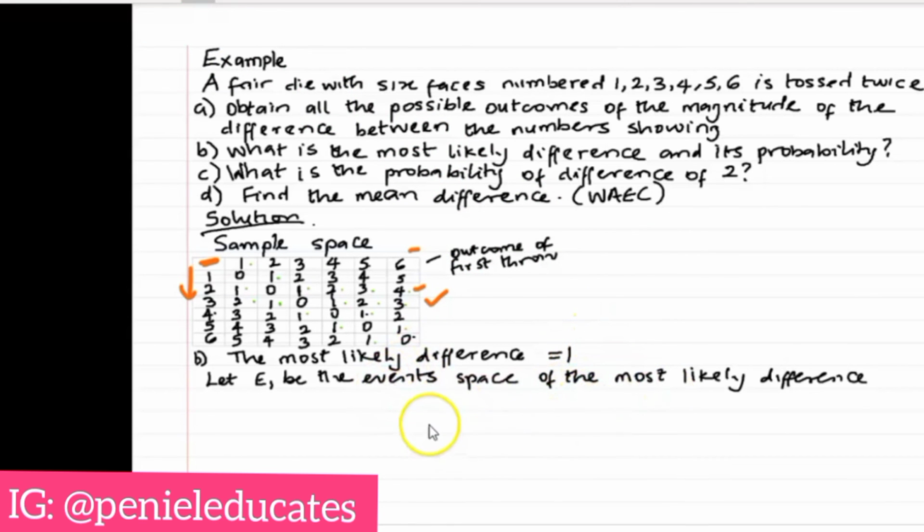So our probability of E1, the most likely difference, which is 1, is equal to the number of E1 over the sample space. In this case, we have our sample space to be 36. We count all the numbers here, that's 36.